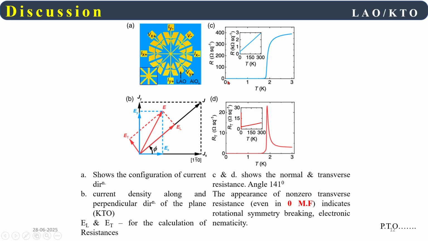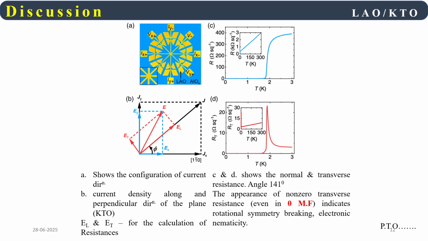One important thing: in this panel B they are showing the current density graph, but because the current is a scalar quantity, we cannot clearly say whether the superconductivity is in the transverse direction or in the longitudinal direction.